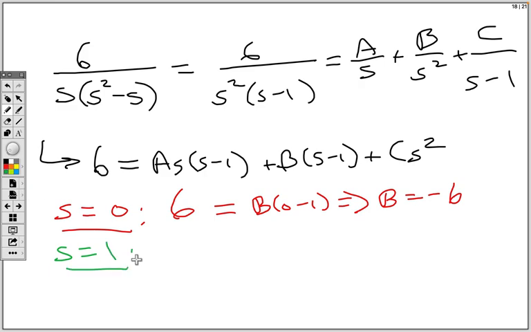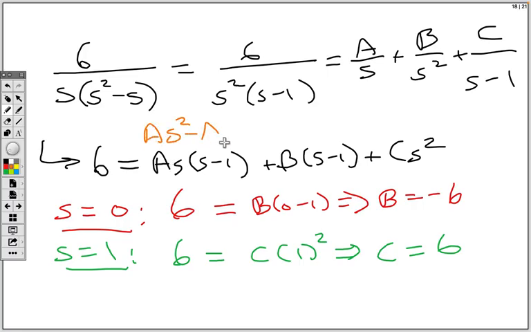Plug in s equals 1. Left-hand side gives you 6. The right-hand side is going to give you C times 1 squared. C equals 6. And once again, to get that last one, A, equate coefficients. Looking at the s squared coefficient, you've got none of them on the left-hand side.